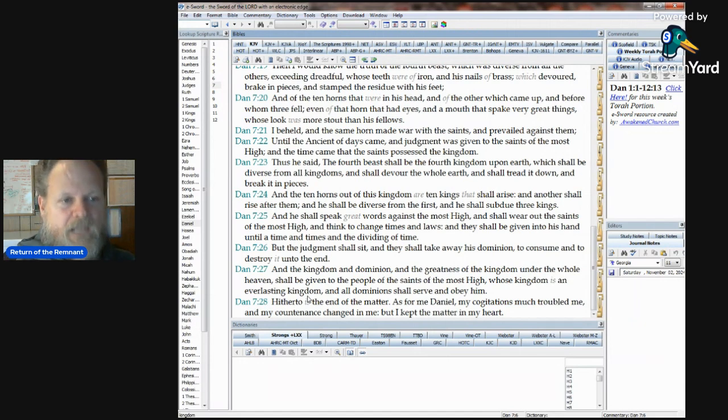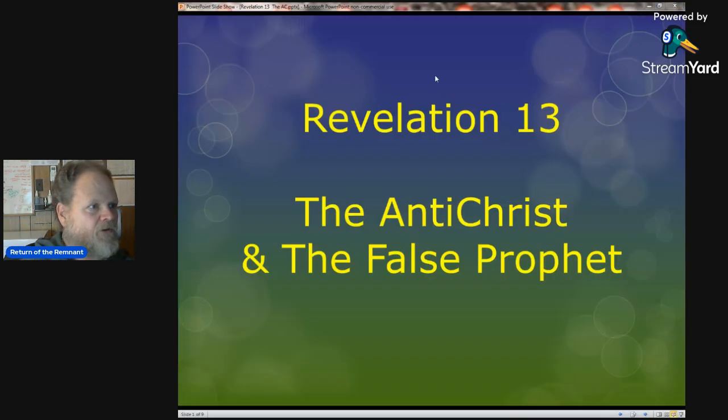He would be number eleven, but he's subdued three of those ten kings. Okay, so now we have seven heads, and on his horns were ten diadems. He eventually controls the whole thing. There's a time where he's going to control the whole thing. And on his heads were blasphemous names. That's exactly what the Antichrist is going to do, just like we see in Daniel's dream, his vision in Daniel chapter 7.